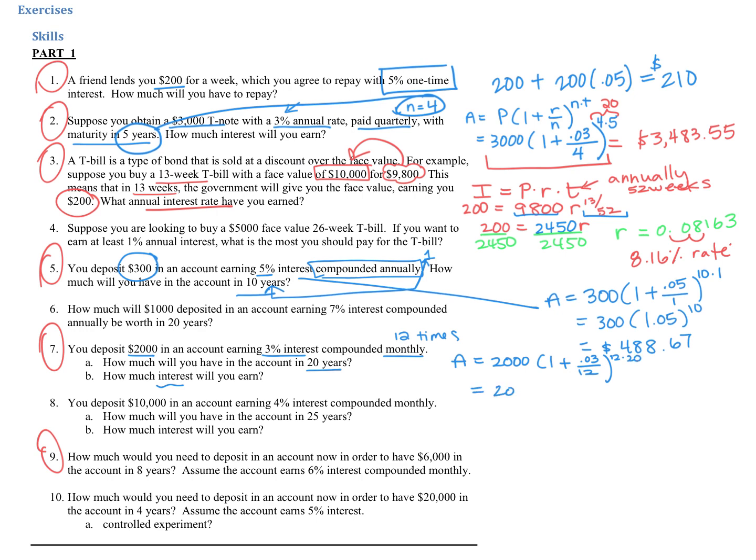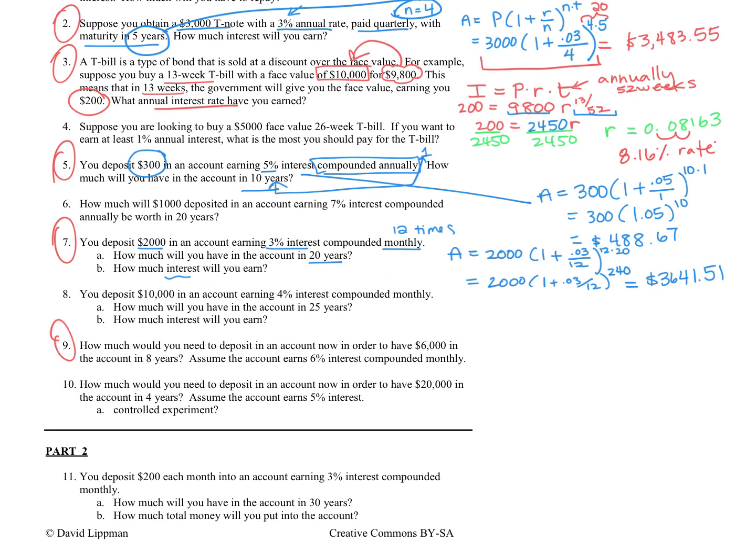So just simplifying just a tiny bit, that's 2,000, we'll have 1 plus 0.03 over 12 to the 240th power. Again, entering that straight in, rounding to the nearest penny, we're going to get 3,641 and 51 cents.